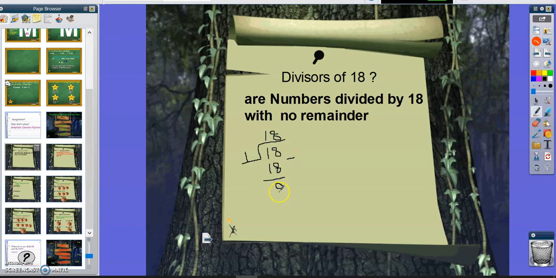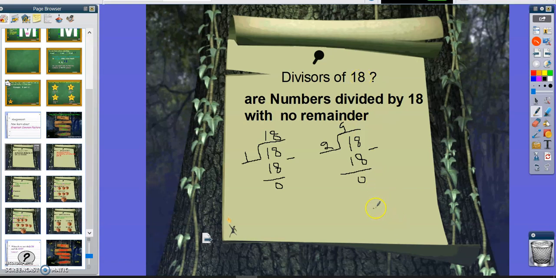Here the remainder is equal to 0, so 1 and 18 are divisors of 18. What about 2? 18 divided by 2, so 2 times 9 is equal to 18. The remainder is equal to 0, so we have no remainder, then 2 and 9 are divisors of 18.